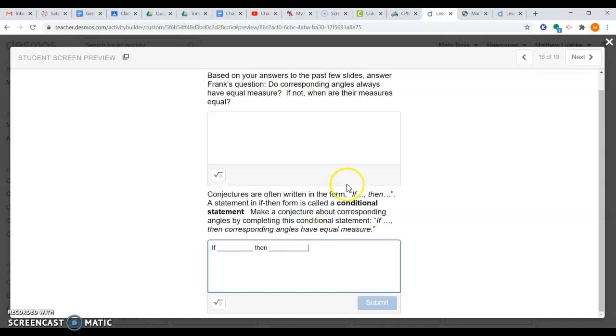So theirs is if blank, then corresponding angles have equal measure. So we need if something, then corresponding angles have equal measure. Really fill this one out, because writing that conditional statement can really stick with us, and it'll help us remember when we have corresponding angles, and the right situation to use them.